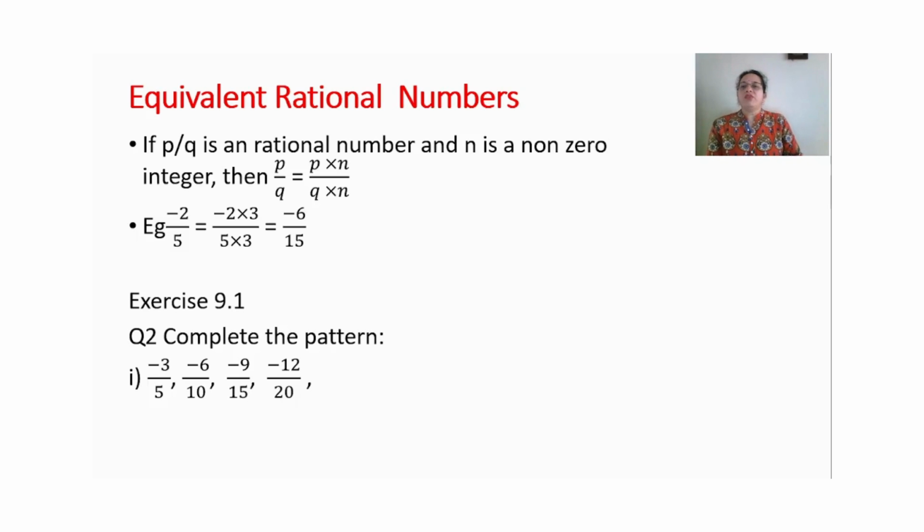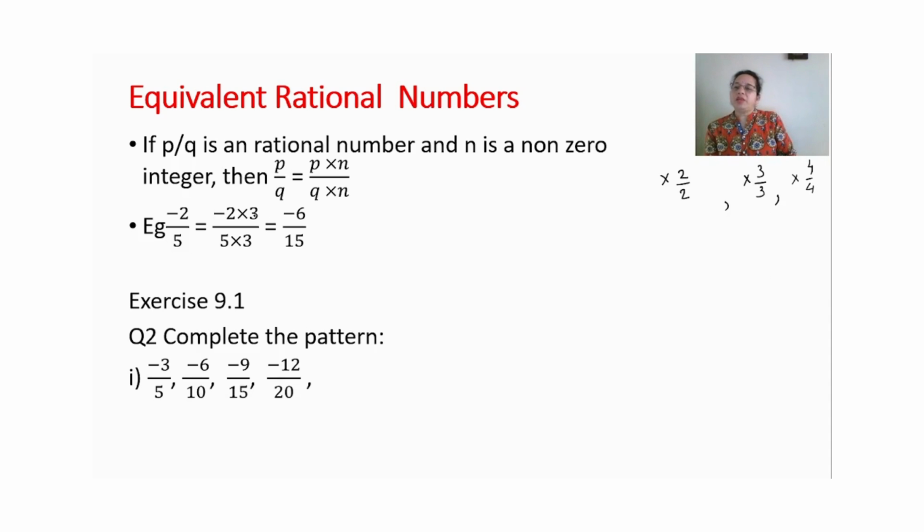Now next is equivalent rational numbers. With the word equivalent, it is understood that they are equal, every time you are getting an equal answer. So here you can multiply by n upon n. I just told you if you multiply the numerator and denominator by the same number, or you multiply by minus 3 upon 3, or minus 4 upon 4, your answer will be the same, the answer will not change.